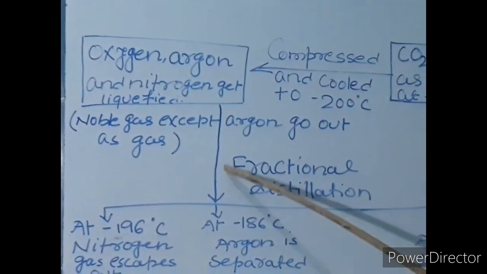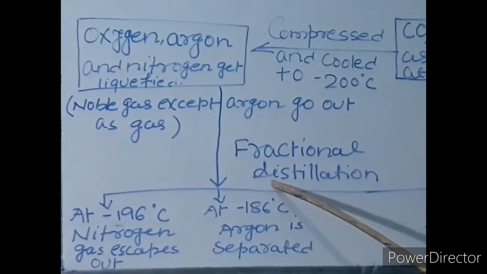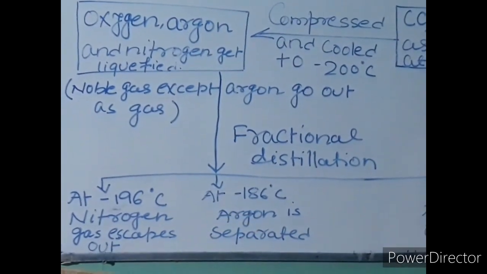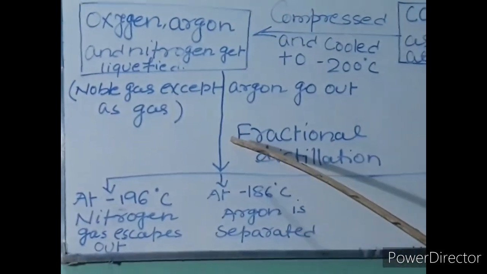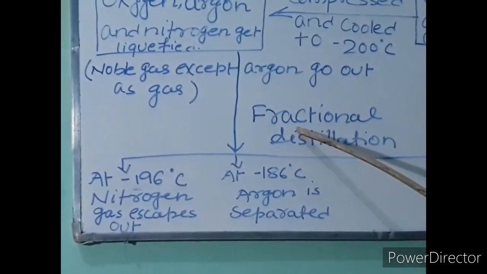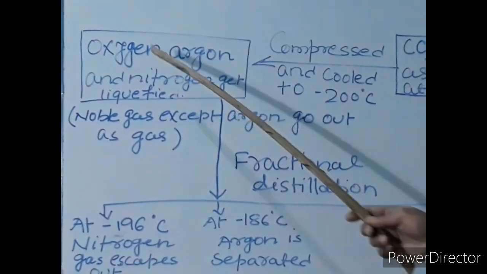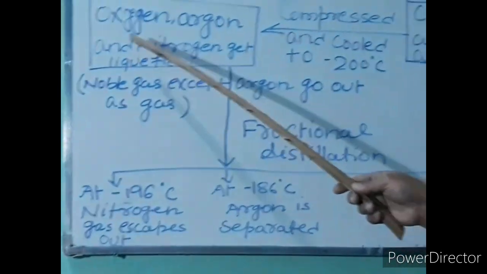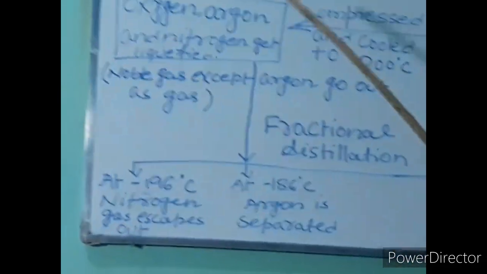Now we follow the fractional distillation. Hope day before yesterday we had discussed the fractional distillation. So by following the process of fractional distillation, we can separate these 3 components from the liquid, oxygen, argon and nitrogen.